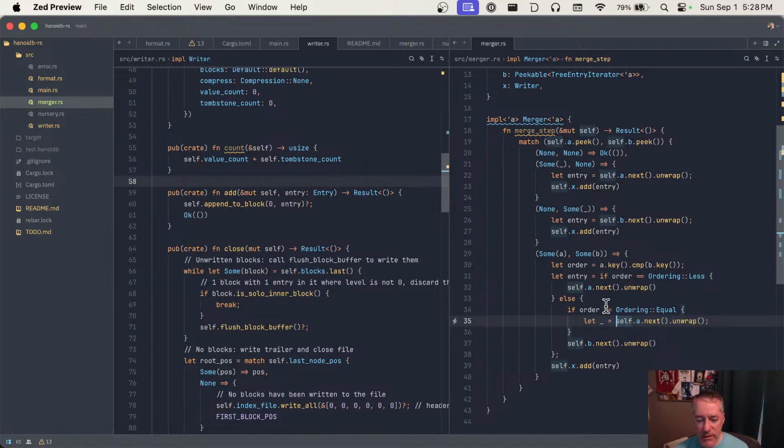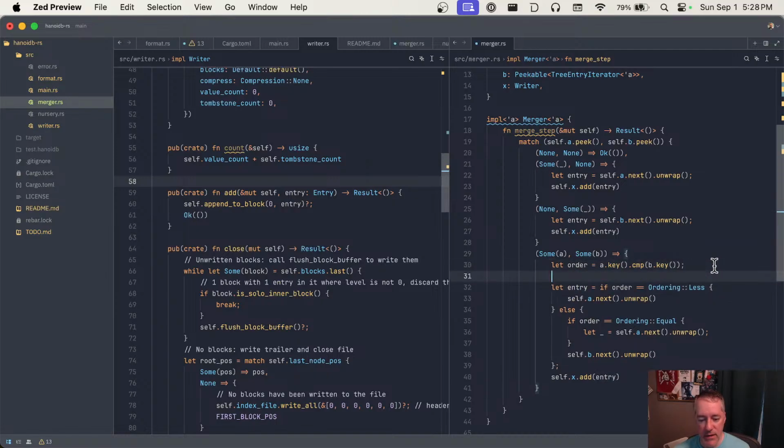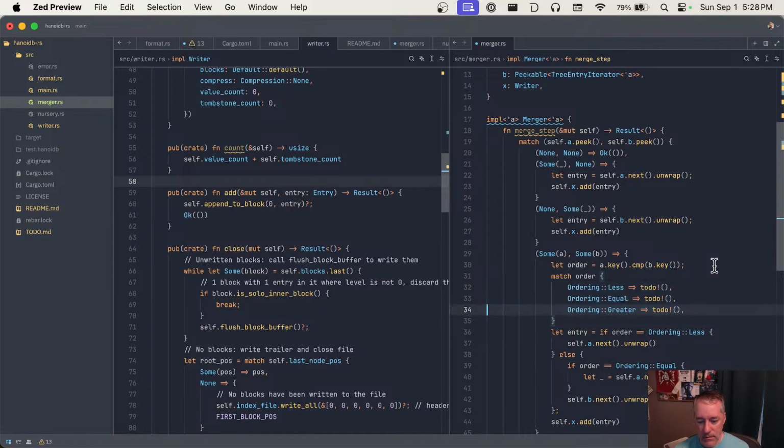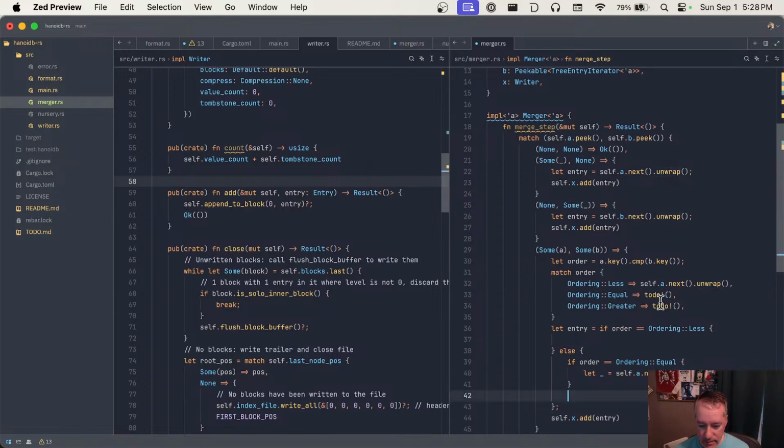I wish there were a better way to express this, and maybe I'll turn this into a match. Yeah, let's turn this into a match. Okay, so if it's less, then we want this. If it's greater, then we want this.